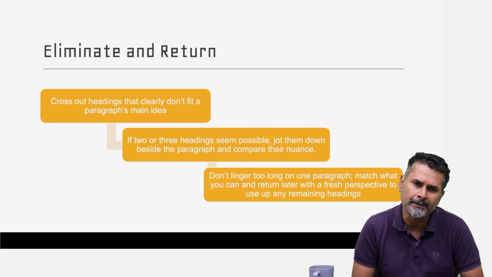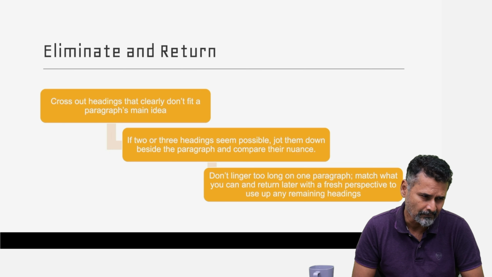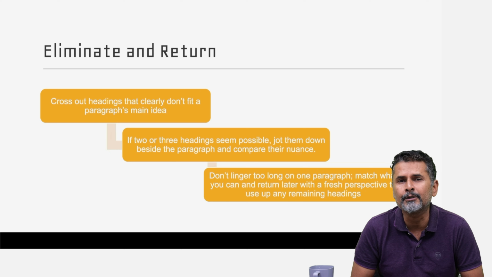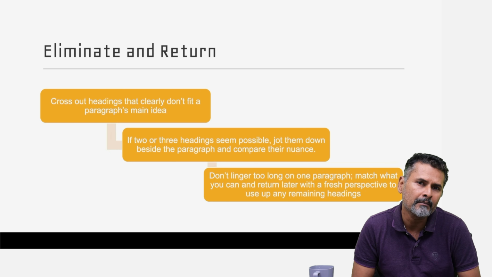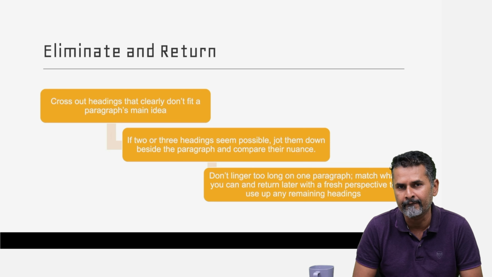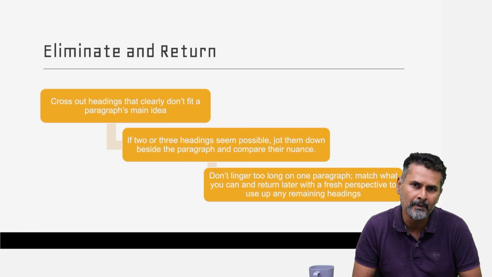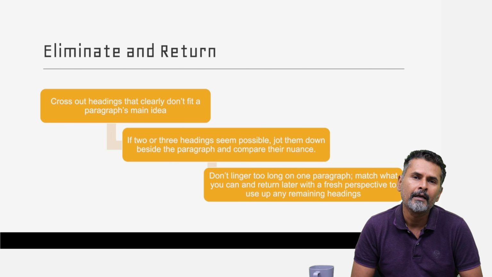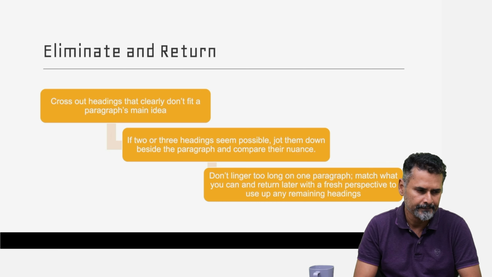That shortens your list, makes searching a lot easier. If you see that 2 or 3 headings seem to match a paragraph, write the main points of each of them beside that paragraph, and when you juxtapose them, that is, put them side by side, it becomes easier to find out which one matches the paragraph.